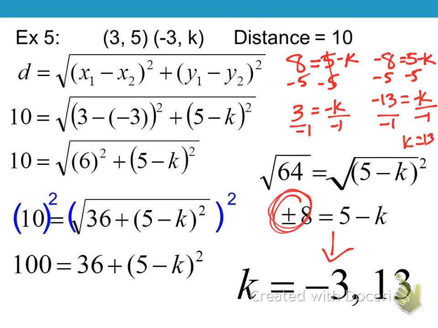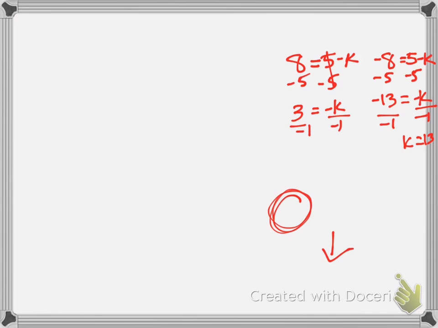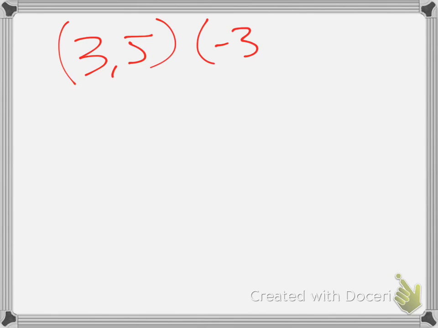Now, you might be saying, well, how do you have 2 answers and there's only 1 ordered pair? Is anyone thinking that? Okay, so let me draw you a quick picture to explain why. So it was 3, 5, and negative 3k.